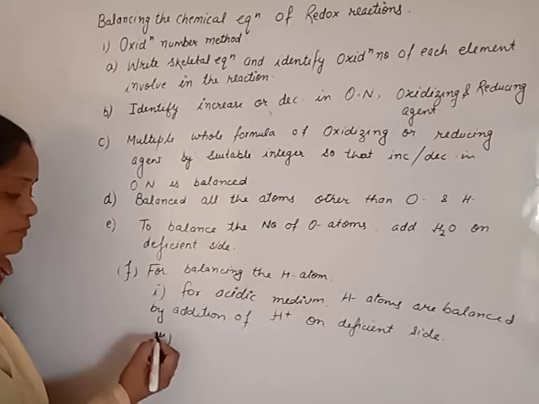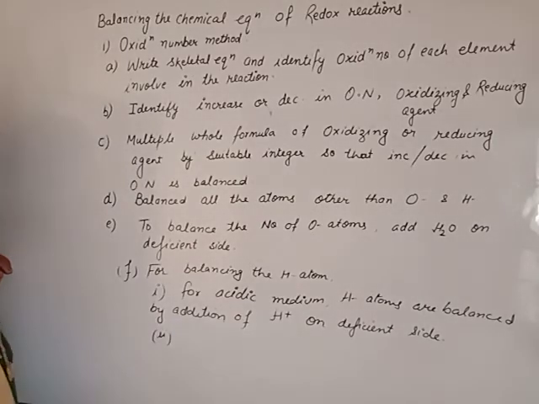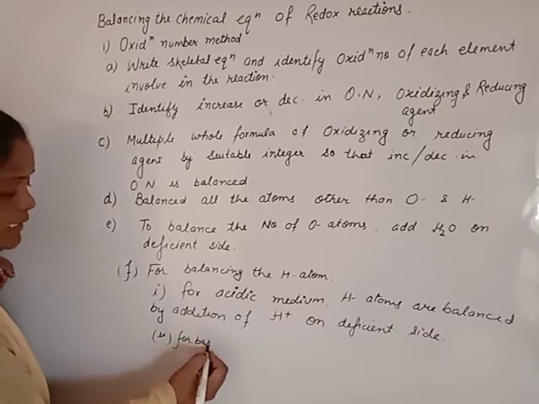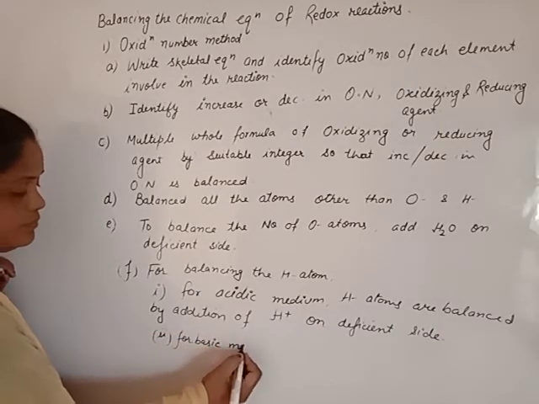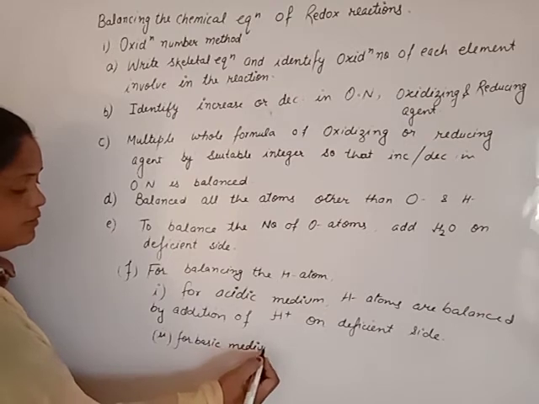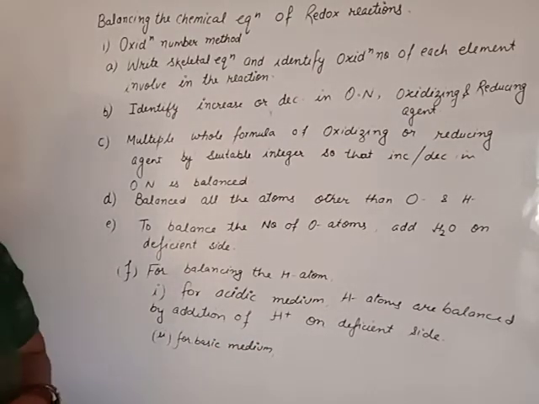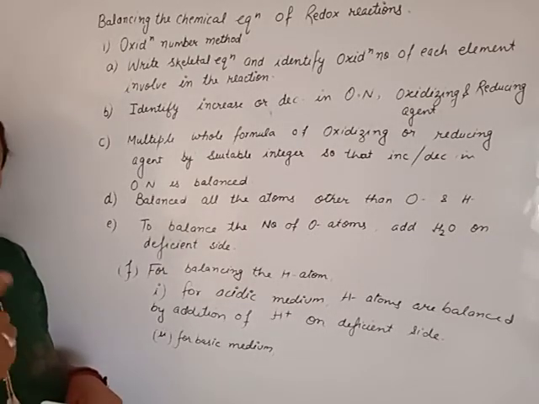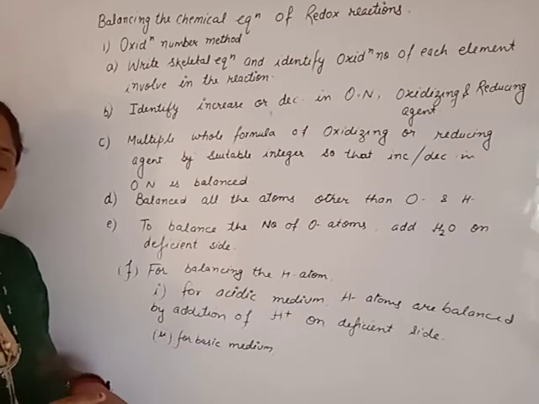But if medium is basic, what happens? For basic medium, you must add water on deficient side and same number of OH negative ions on another side.